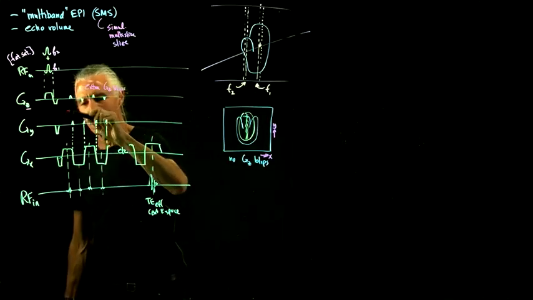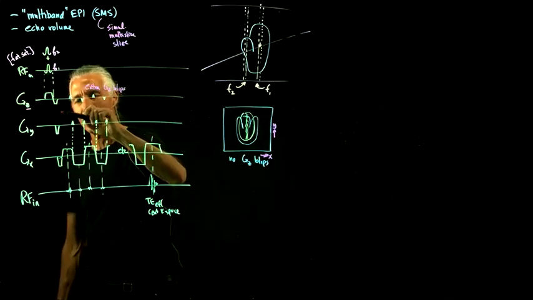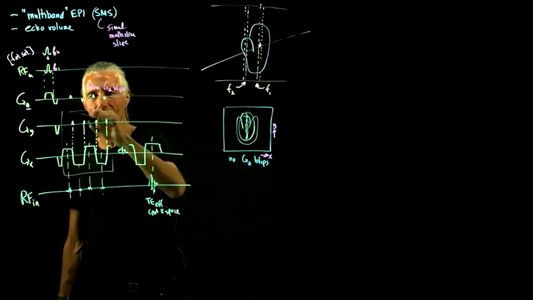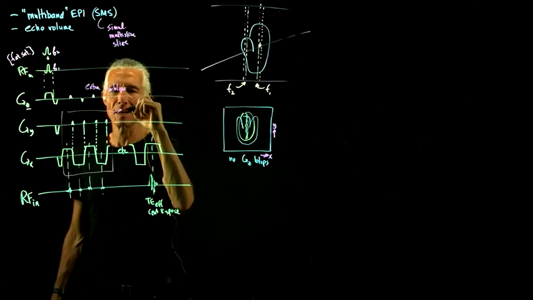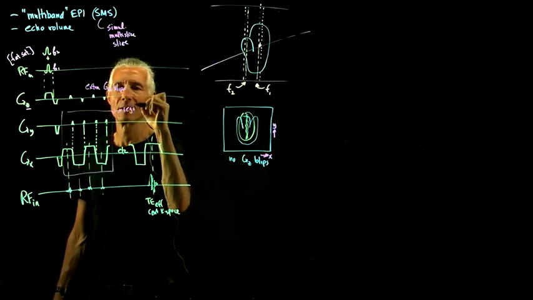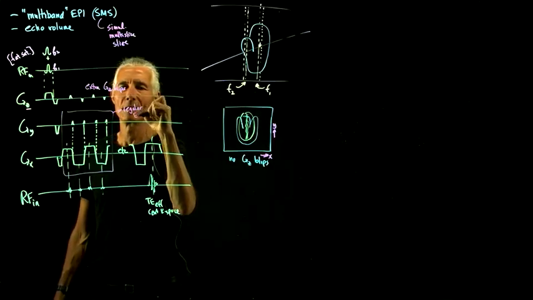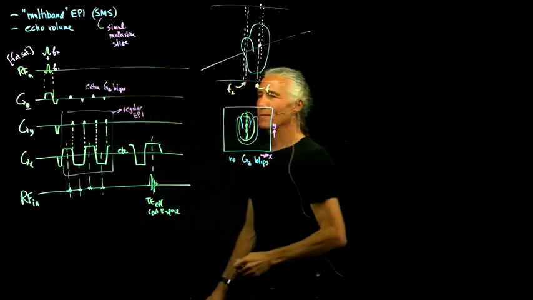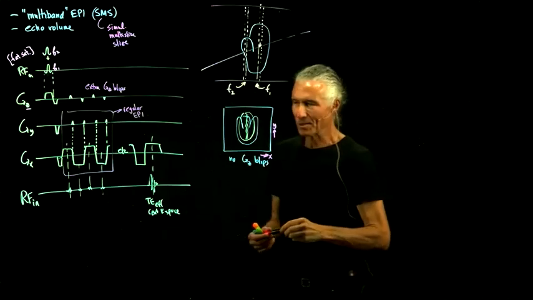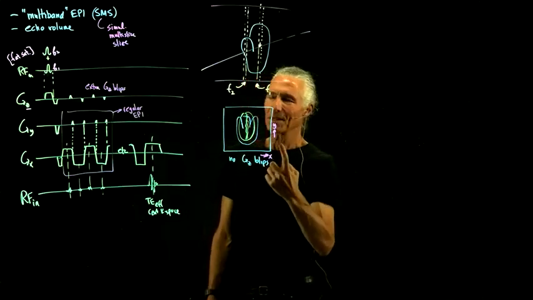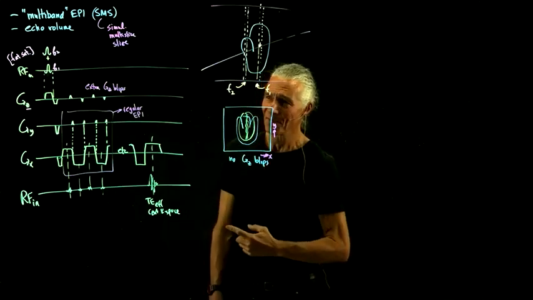And this part is regular EPI. So we've got these extra z blips, and so why do the z blips cause a shift in the y direction?